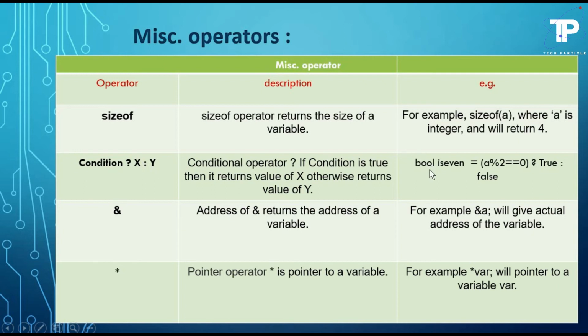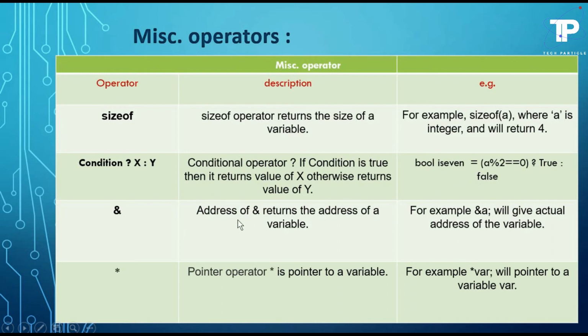For example, if we are checking whether a number is even or not, A mod 2, if it is 0, then the number A will be even. So isEven will be assigned the value true, or if it is false, then it will not be even, so isEven will be assigned the value false.